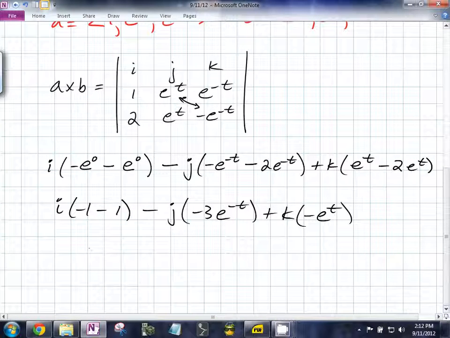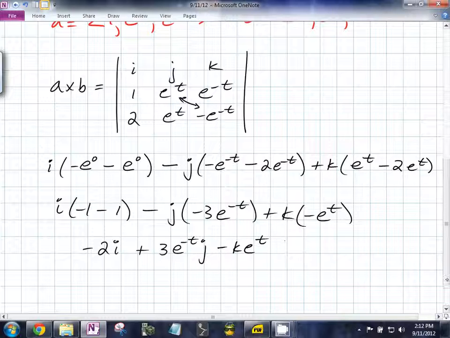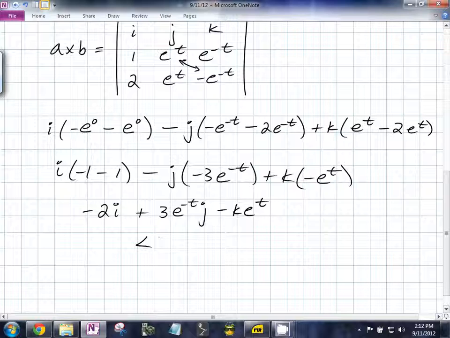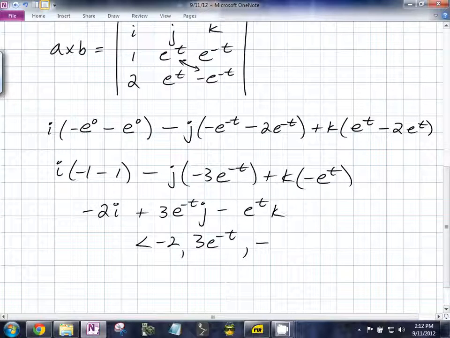Negative 2i plus 3e to the negative t j minus k e to the t. So if you wanted to write it in component form, you could say negative 2, 3e to the negative t, negative e to the t, the k's should go at the end, sorry. So there's your cross product right there.